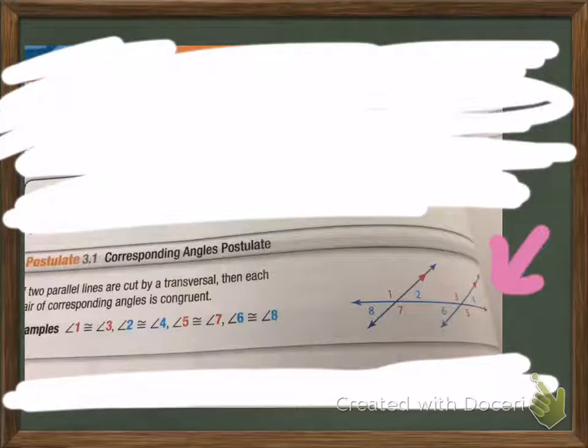They've listed the corresponding angles in red. The examples are 1 and 3, and notice the positions of them, and then 2 and 4, as well as 5 and 7, and 6 and 8. So there are 4 pairs here of corresponding angles.